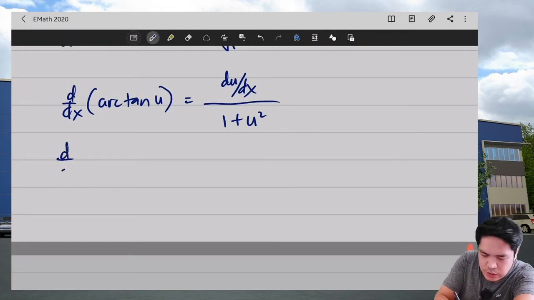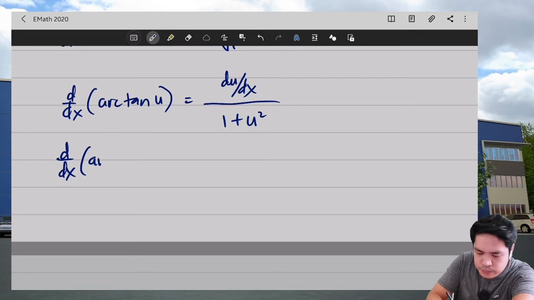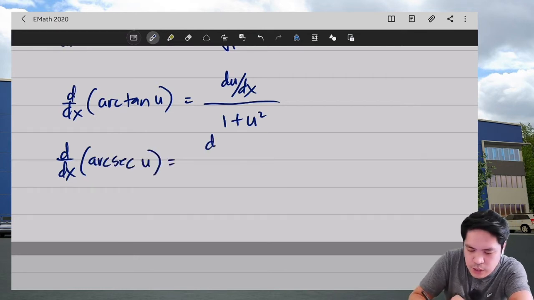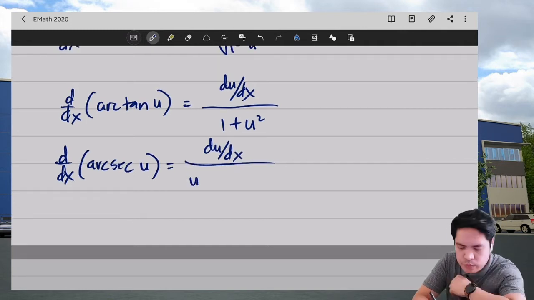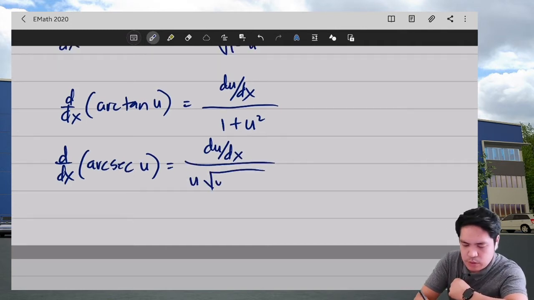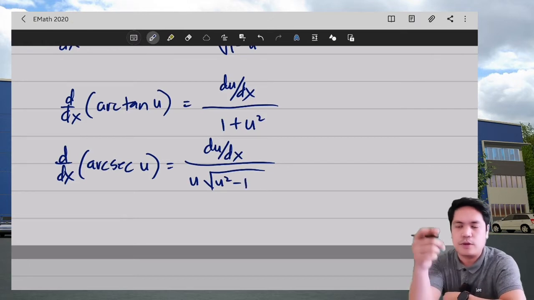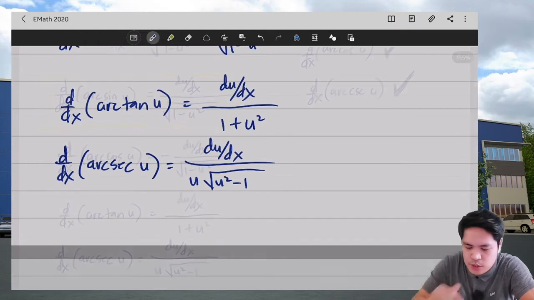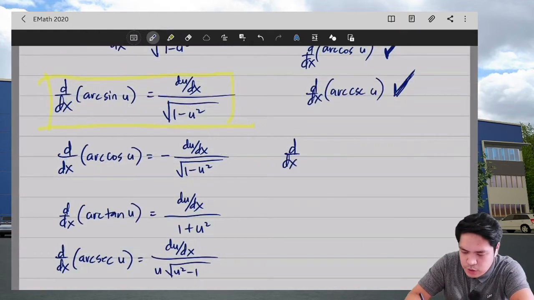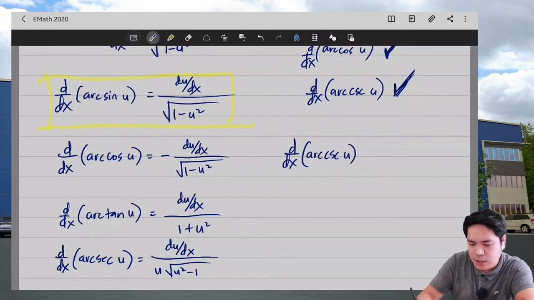Then, if you have arc secant u, that is just du over dx over u times square root of u squared minus 1. Okay? You just have to memorize that. For the derivative of arc cosecant, again, that's the cofunction of secant, so it's just negative.